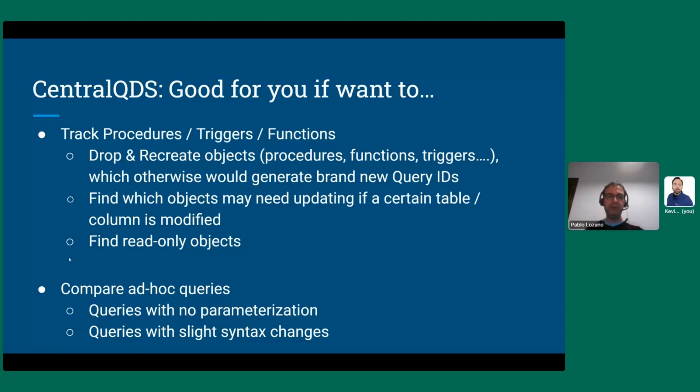But Query Store uses hashes and some comparisons to ignore all these tiny differences, and that way you can just compare all these queries that are pretty much the same.